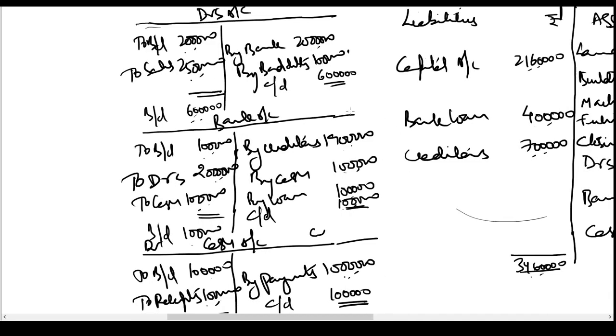I think we have taken the wrong balance for debtors. Debtors balance was not 6 lakh. Debtor balance was only 2 lakh plus. Okay, the balance is right.